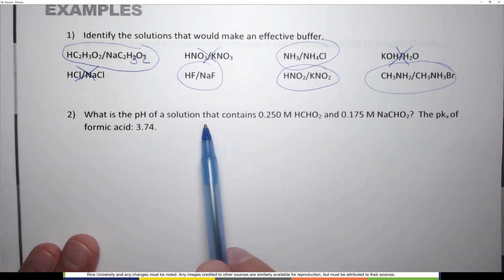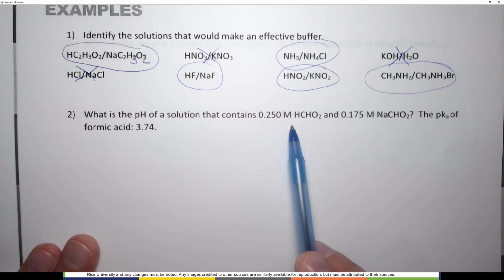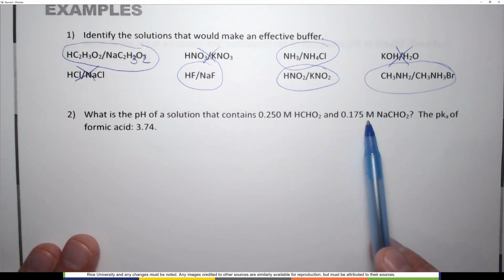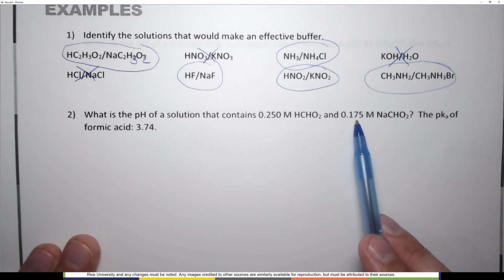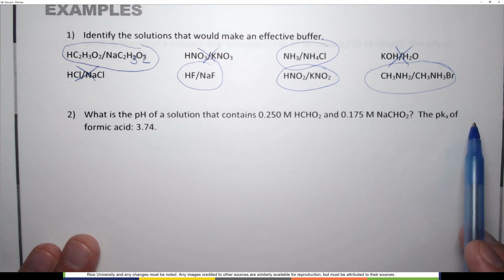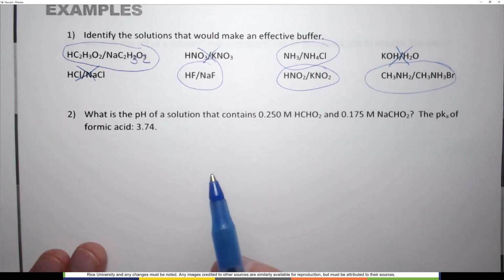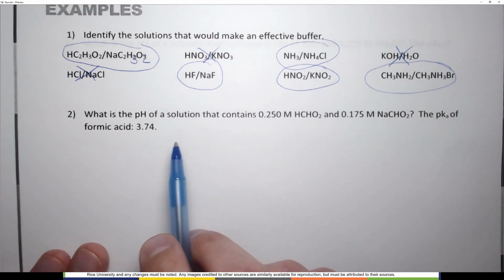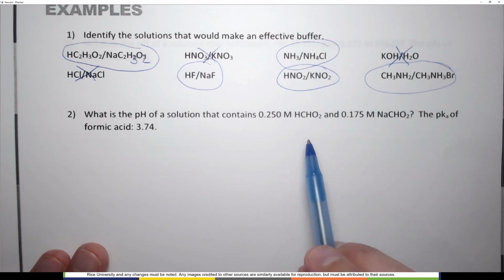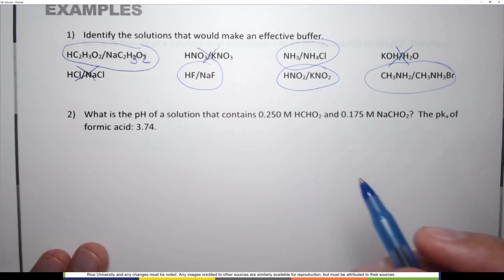It says, what is the pH of a solution that contains 0.25 molar formic acid and 0.175 molar sodium formate? And then it gives us the pKa of formic acid is 3.74. If you'll recall on the previous slide, we talked about the Henderson-Hasselbalch equation, which is an easier way of solving this problem than trying to use the Ka expression directly.